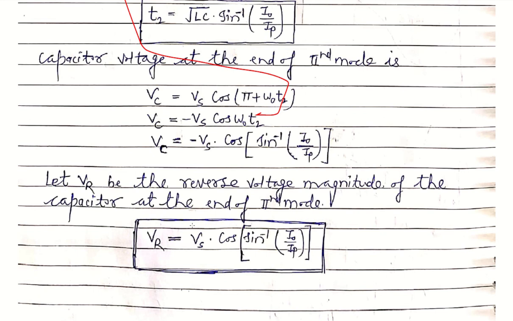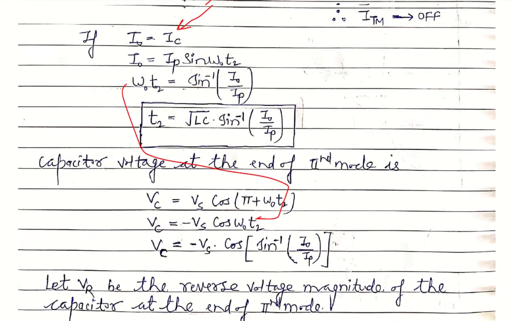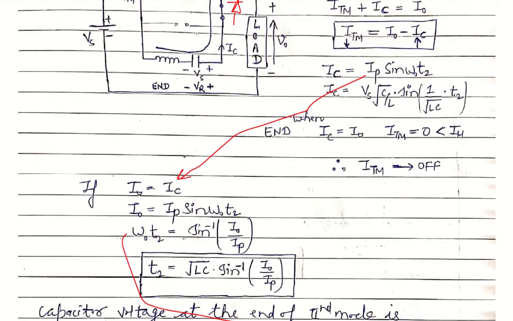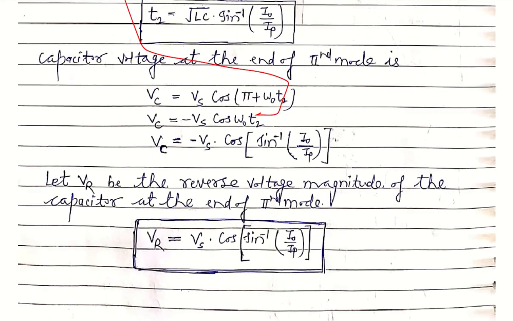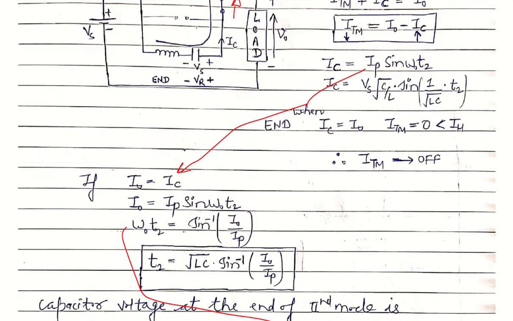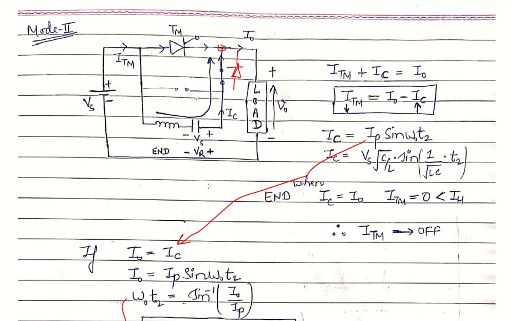Because the term already tells that it is a reverse voltage, so the negative is already accounted for, and it will be positive. This amount of reverse voltage will be applied to the main thyristor to help in its turn off. So in this case two modes are discussed, and at the end of the second mode, this reverse voltage is Vr.